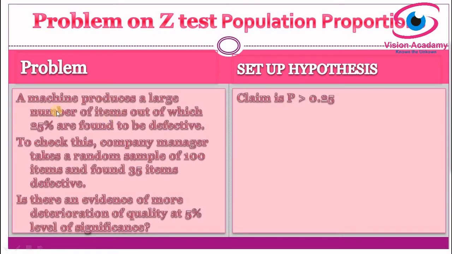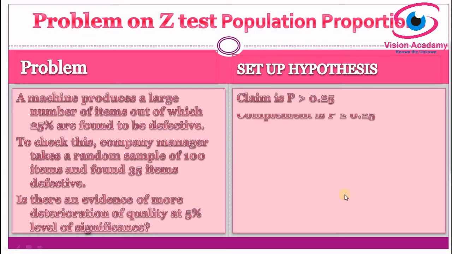In the population, the whole machine produces a large number of items, out of which 25% are found to be defective. And in the problem itself, they have asked, is there any evidence of more deterioration of quality? So our claim is P is greater than 0.25, which means a machine produces more than 25% defective items.